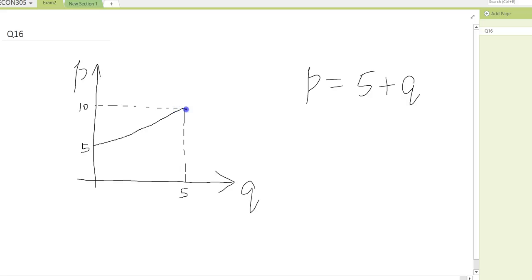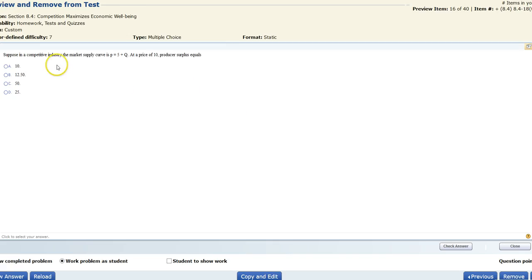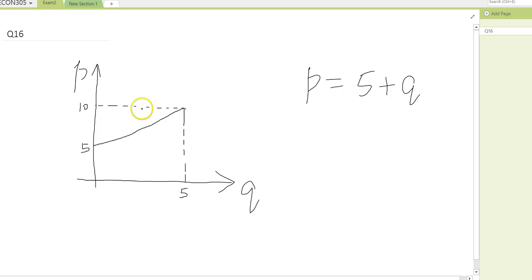So the question is, if price equals 10, what is the producer surplus? So price equals 10, that's basically this 10. We just draw the second point here. So why don't I use another color?